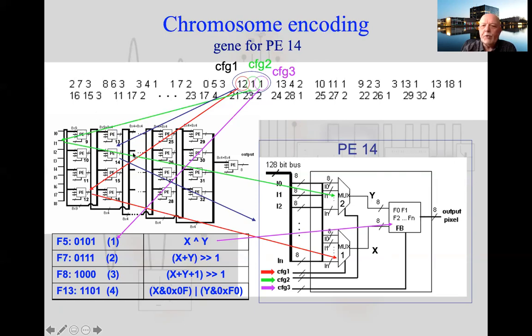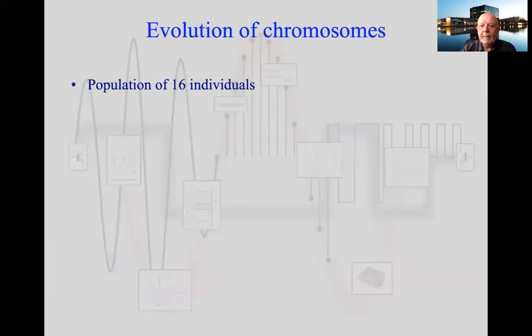And of course, what the evolutionary loop does is that it randomly changes each of these digits after taking the best parents from the previous generation to create the next generation, going around the loop in that way. Okay, so just a bit of detail about the actual evolutionary program. We set it up with 16 individuals running on the hardware. The initial population was generated randomly.